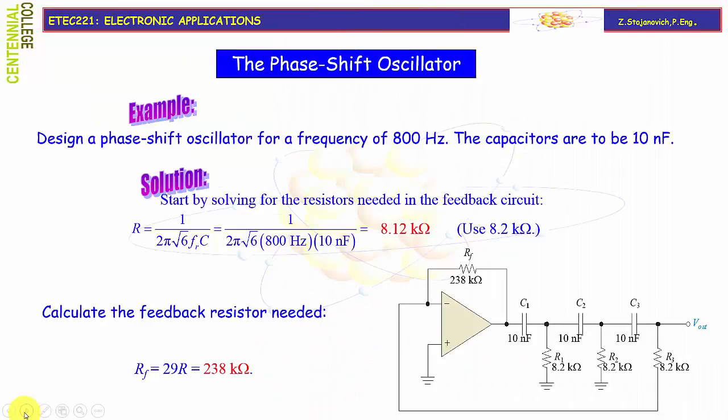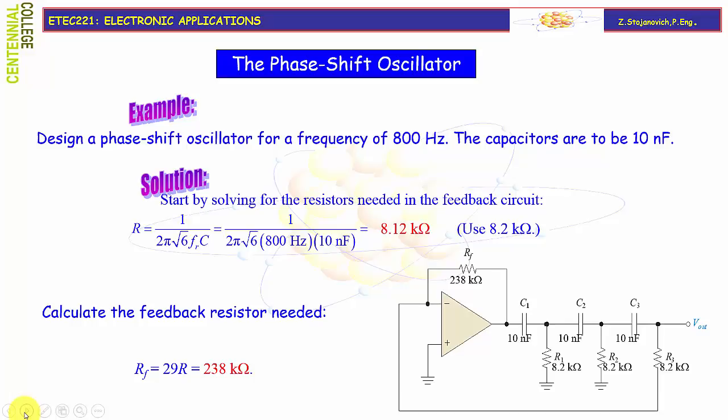And here is one problem associated with the phase shift oscillator. In this case, it's not an analytical problem, it's a design problem where the frequency of oscillation is given as 800 Hertz, and we are asked to find the values of the components of the phase shift oscillator that will provide this frequency.